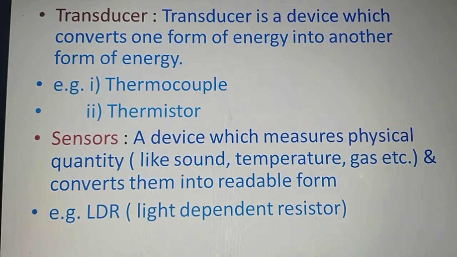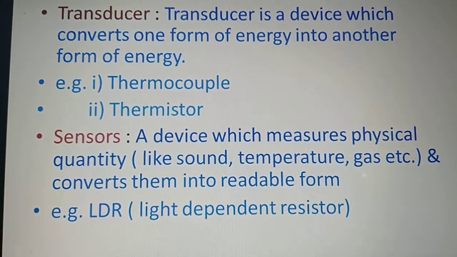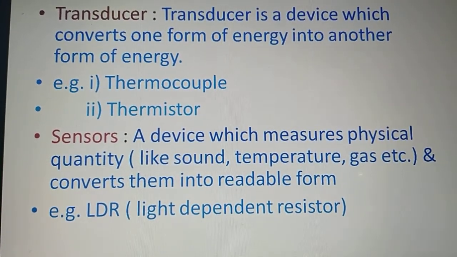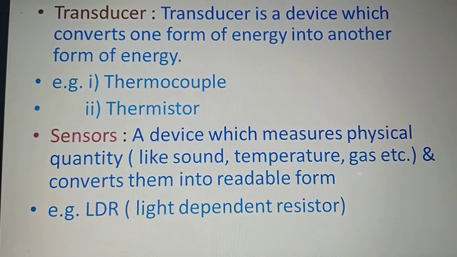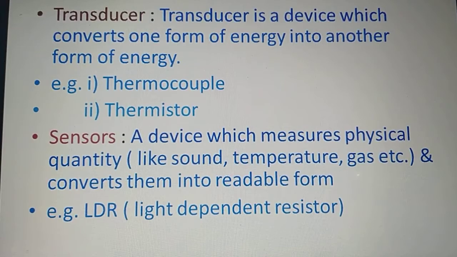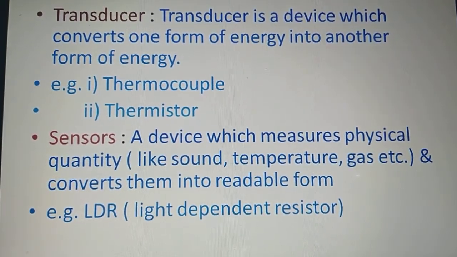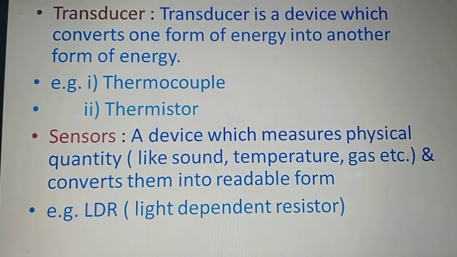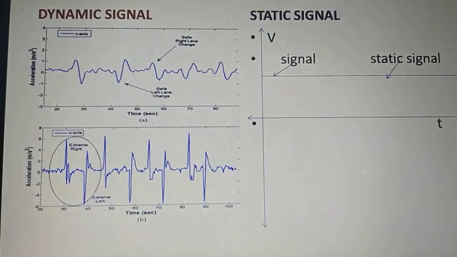A sensor is a device which measures a physical quantity like temperature, sound, gas, etc., and converts it into a readable form. Its example we also studied last time, the LDR, that is light dependent resistor.